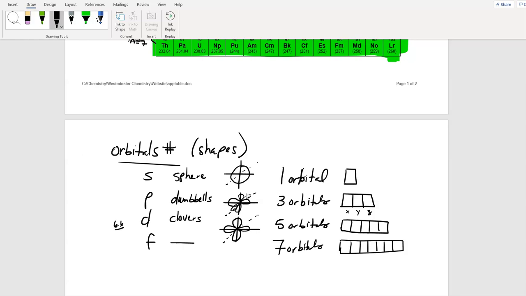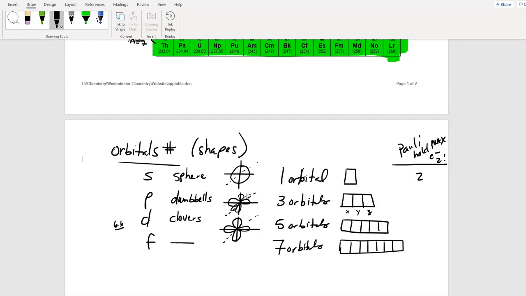Now let me show you this cool trick. Remember what Mr. Pauli said? Mr. Pauli said an orbital's maximum hold of electrons is 2. That's it. So if an S orbital only has 1 orbital, how many electrons can I fit in that box? Well, 2. That's it.